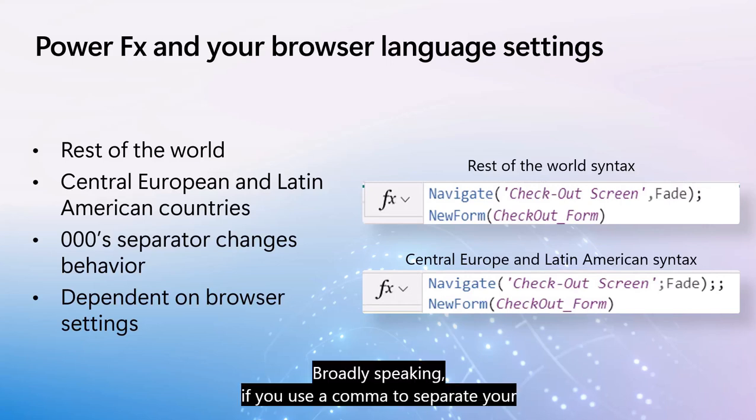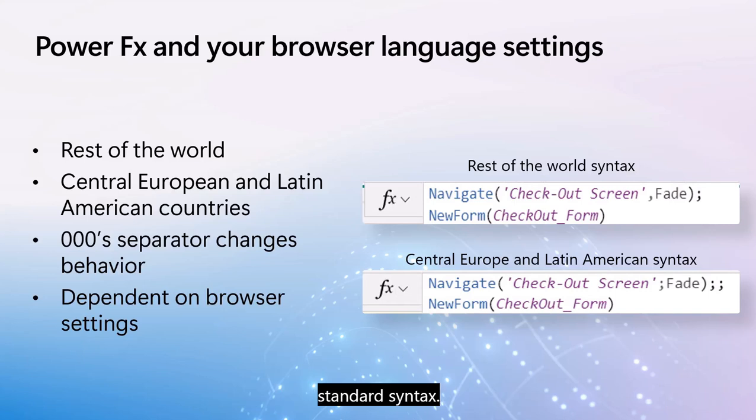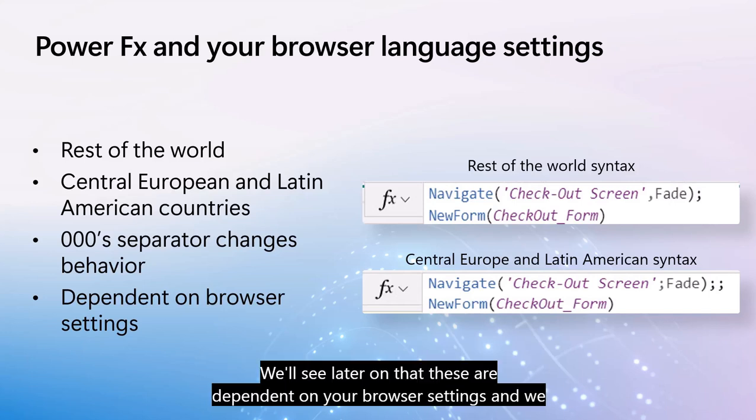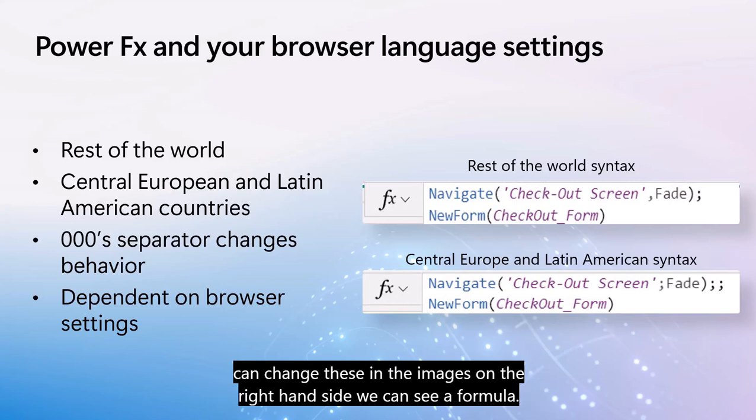Broadly speaking, if you use a comma to separate your thousands, you'll use the rest of the world or standard syntax. And if you use a dot or a period to separate your thousands, then you'll be using the Central European and Latin American syntax. And we'll see later on that these are dependent on your browser settings, and we can change these.